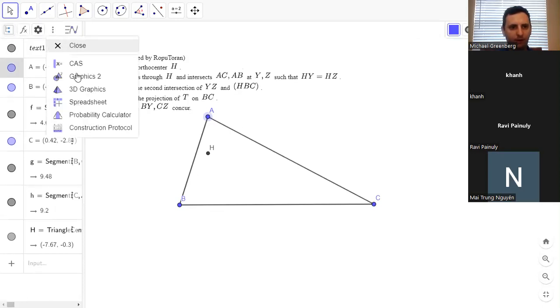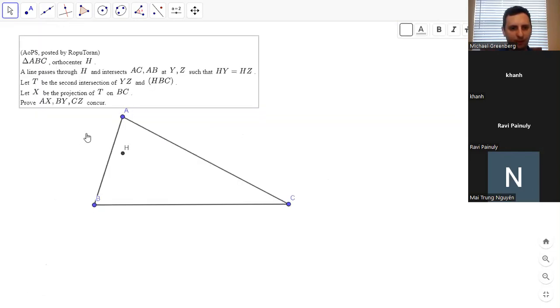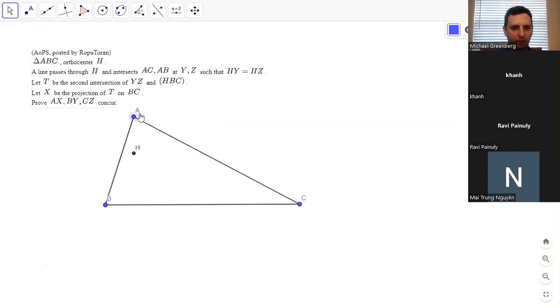I feel like I've seen this idea before. I don't know if we can use something with some medians to figure out how to draw the line.